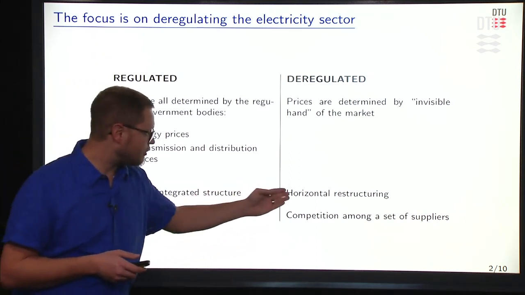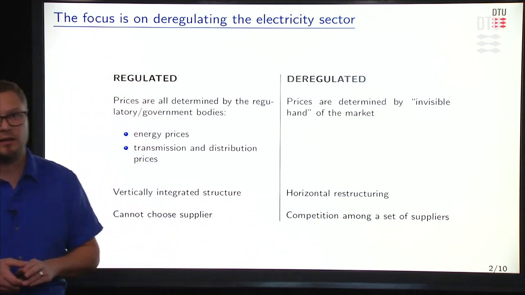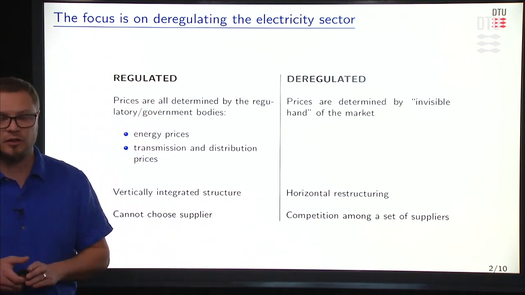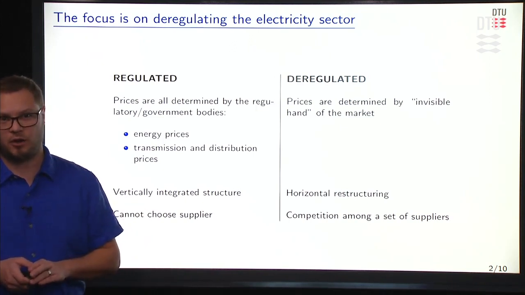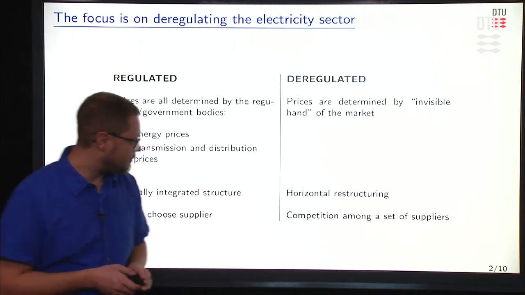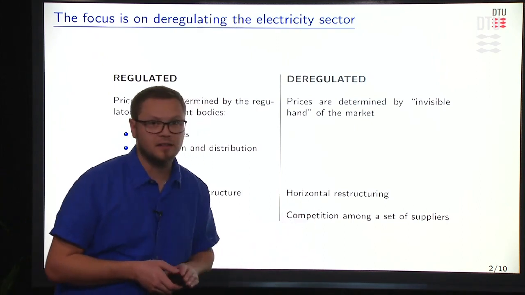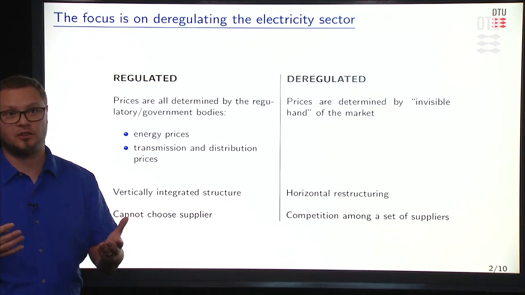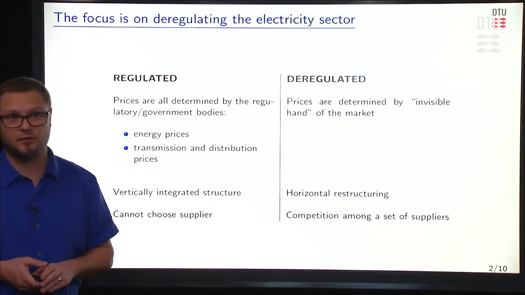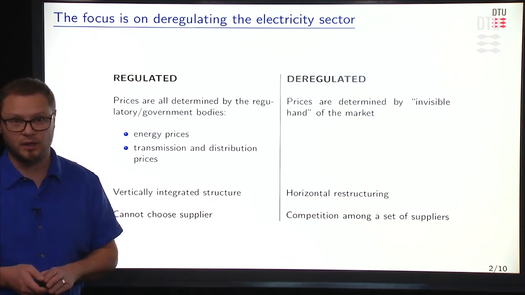In this deregulated system, we break the vertically integrated structure and we go to a horizontal restructuring of the electric power sector. Eventually, for the final consumer, this means that there is competition among a set of suppliers, and eventually you can choose where you get your electricity from. That means who you're going to buy your electricity from.